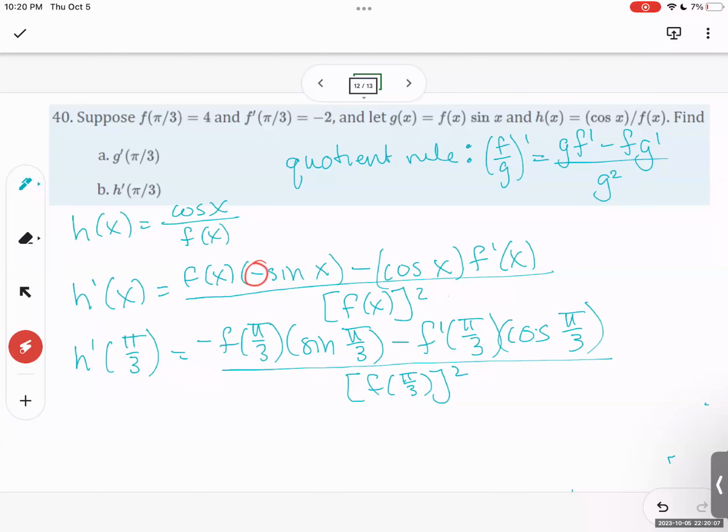So I pulled the negative sign out front, and I just swapped f prime and cosine to keep the f terms in front.